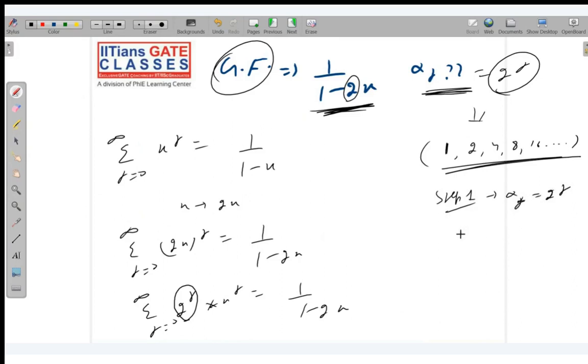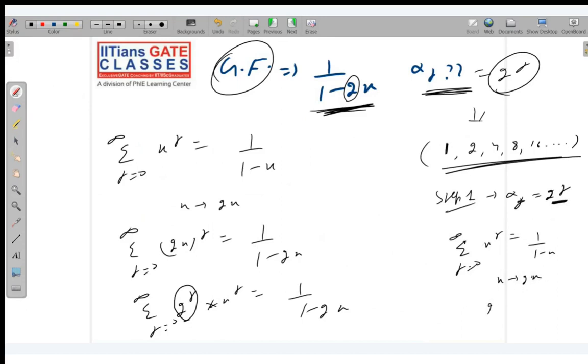You just apply the reverse procedure. What is the reverse procedure? Sigma r = 0 to infinity x^r is 1 upon 1 minus x. Now if I replace x by 2x, I get 2^r here. I want 2^r, so how will we get it? I will replace x by 2x.